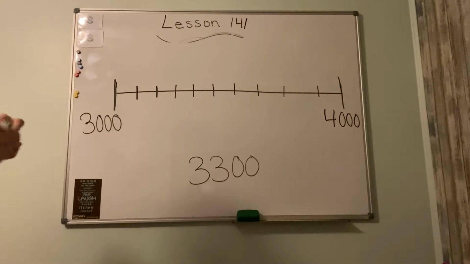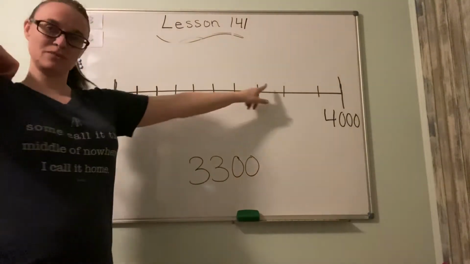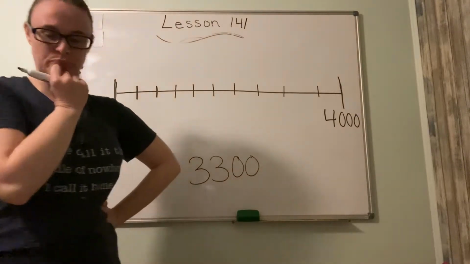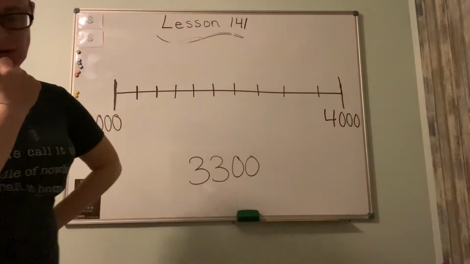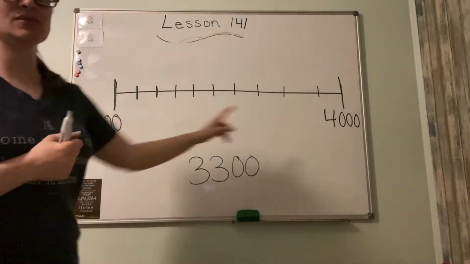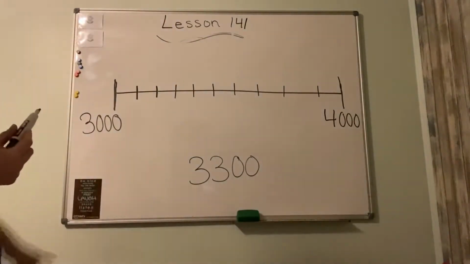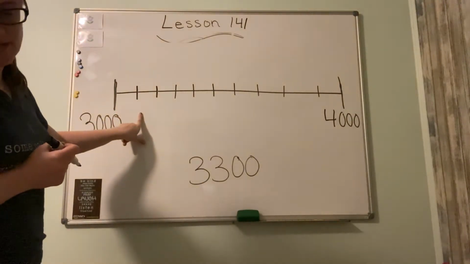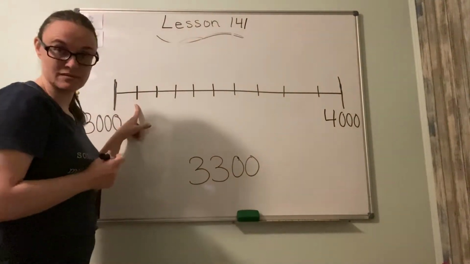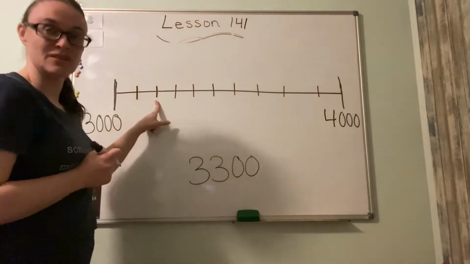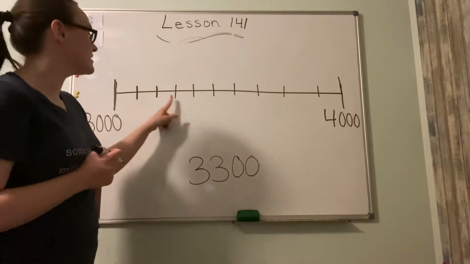Now, what are these little ticks in between? What do we count by in those? What do you think? Well, today we're gonna be skip counting by 100s to get to the next thousandth number. So the first one, what would it be? 3,100, right? 3,200, 3,300.